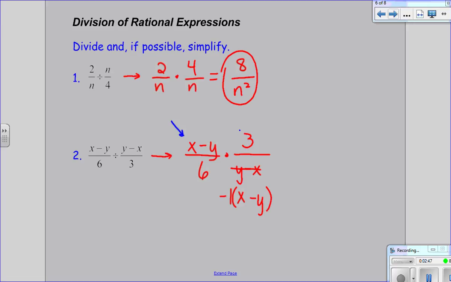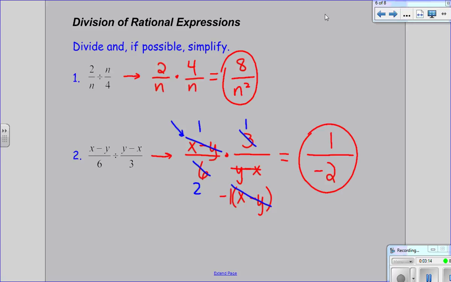We can remove our factor of 3 by dividing these two factors by 3, so we're left with 1 and 2. And now we can remove our x minus y and this x minus y. And so now when we multiply across, we're left with this. In the numerator, 1 times 1 is 1. And then in the denominator, 2 times negative 1 is negative 2.